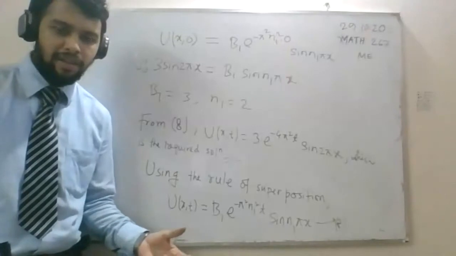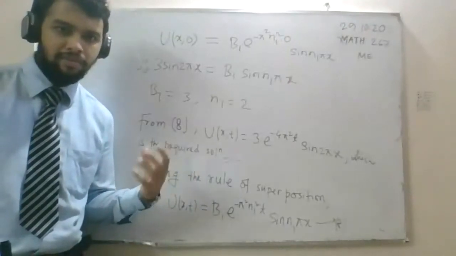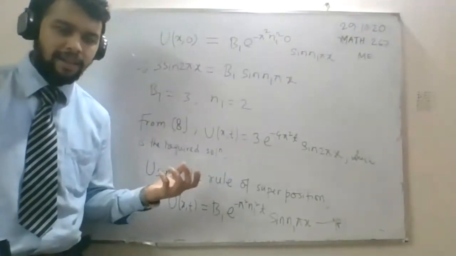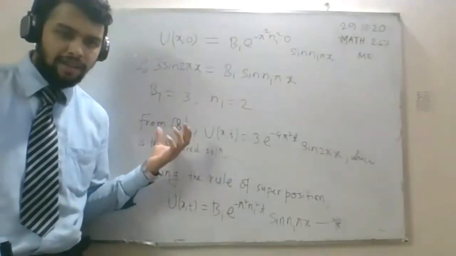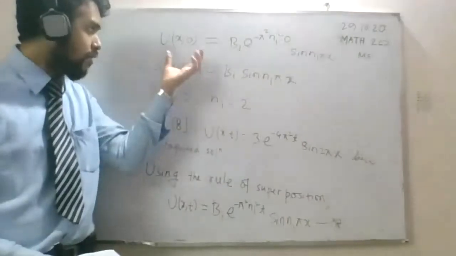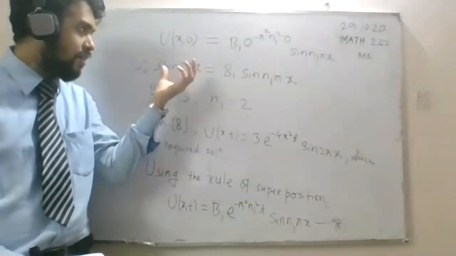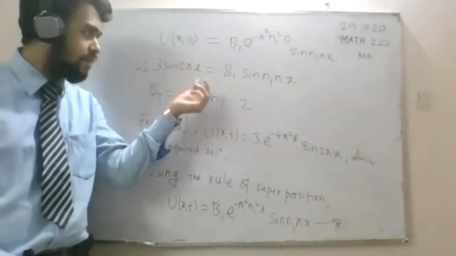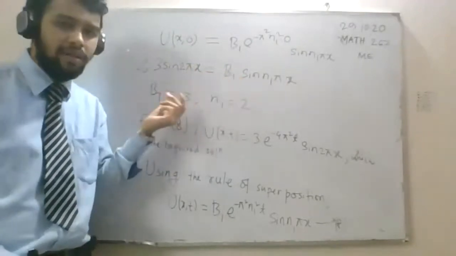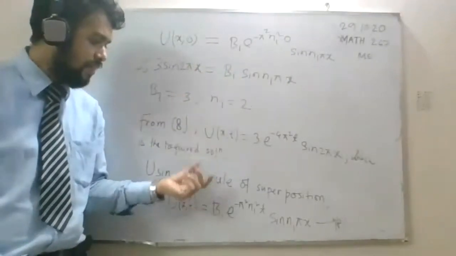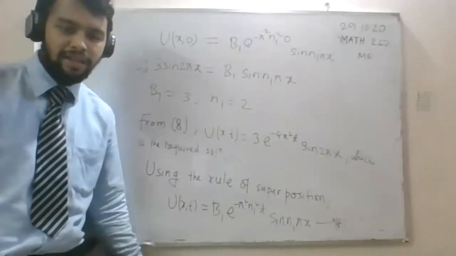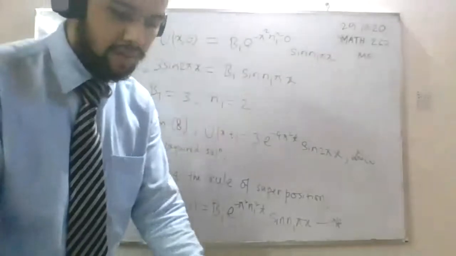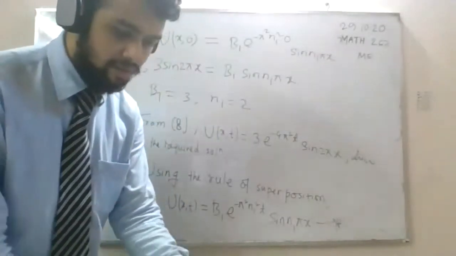After that there will be some constant term b in one anything, and after that use the superposition principle and also the initial condition u(x, 0), then you can find the new constant terms, which are b1 and n1, which is also 3 and 2. And after that, put those values in equation 8, you can get your required solution. Okay, so I will show you another one.